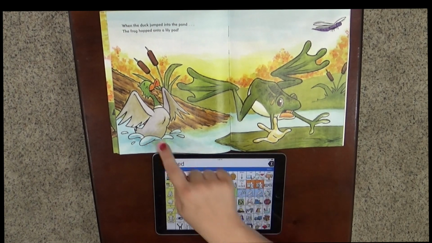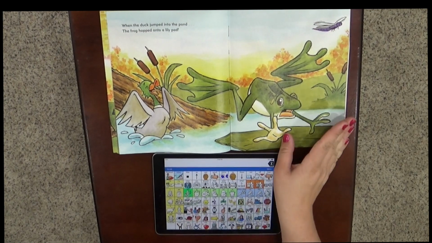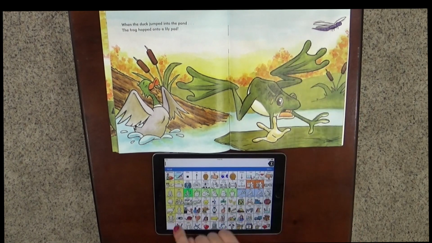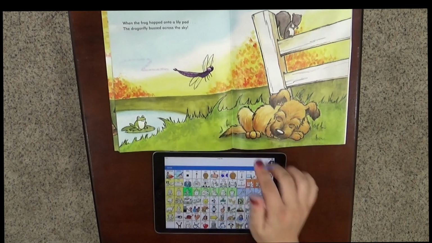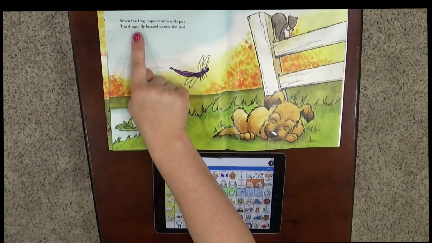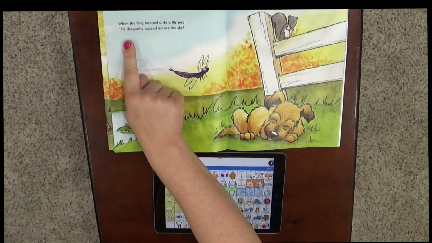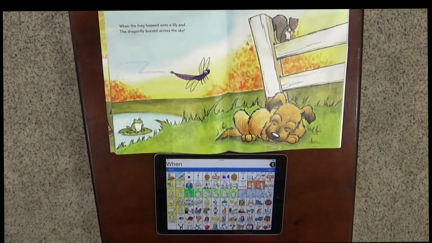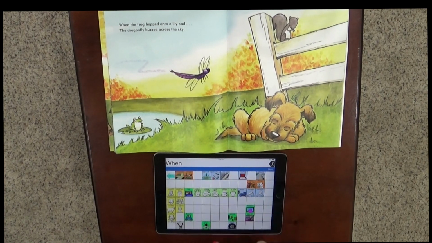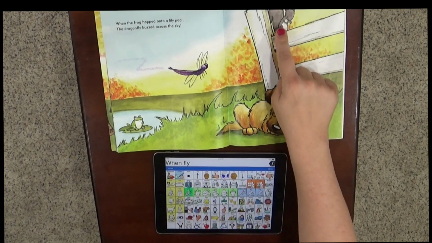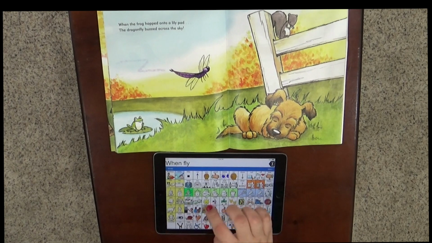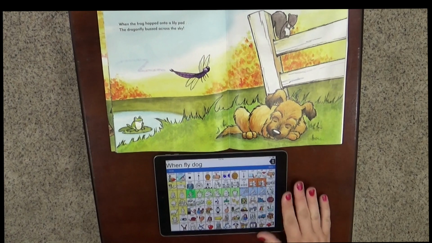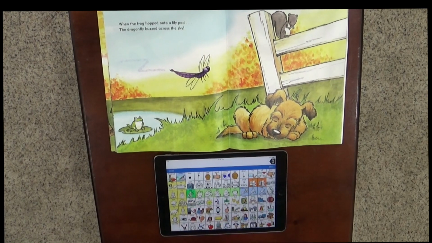He looks like he got scared from the duck as well. Do you see what I see? When the frog hopped onto a lily pad, the dragonfly buzzed across the sky. And look, it's going to fly near some new animals. I see a dog and a squirrel. I wonder what they're going to do.